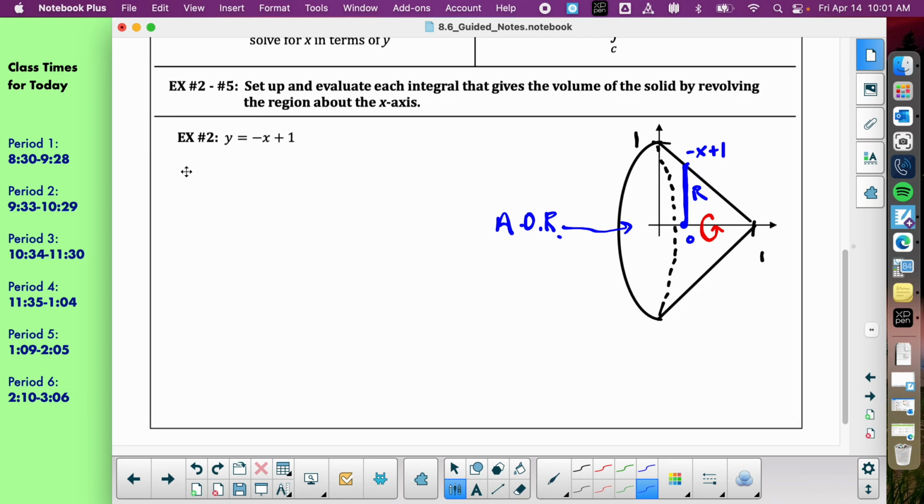So it's just the integral from 0 to 1 of pi times negative x plus 1 squared dx. Basically, whatever variable you're writing right here is always going to be that one.